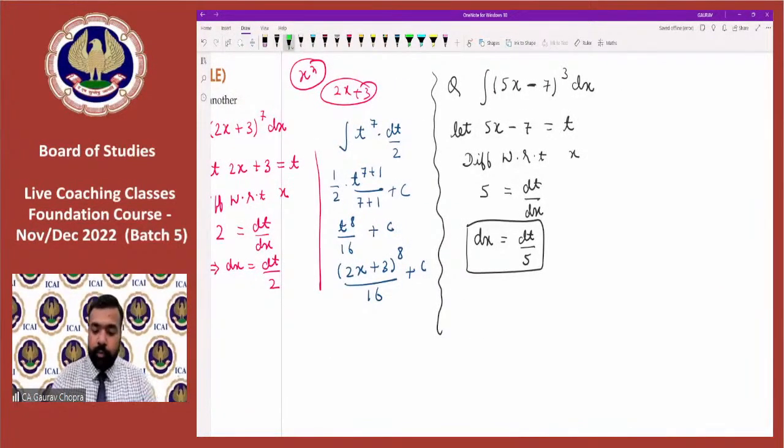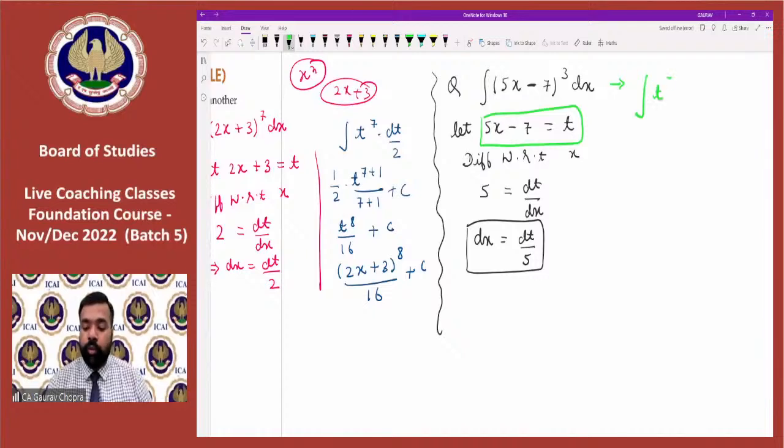Now in the second part, since we have taken 5x minus 7 as t, we can put here t to the power of 3 and then dt. What is the integration of t cube? It will become t to the power of 4 divided by 4, and then plus c.